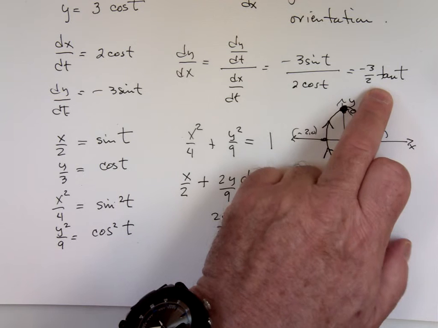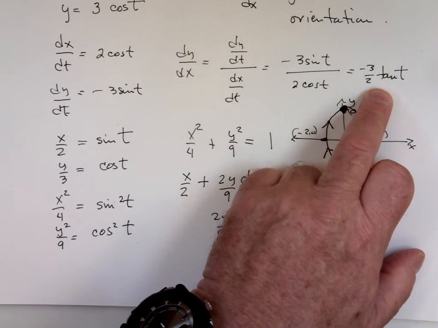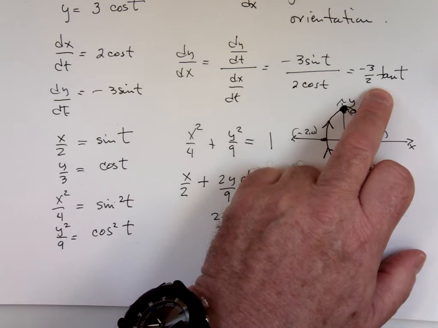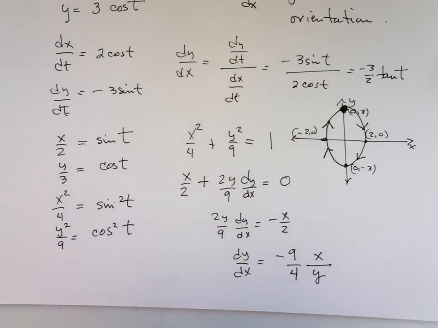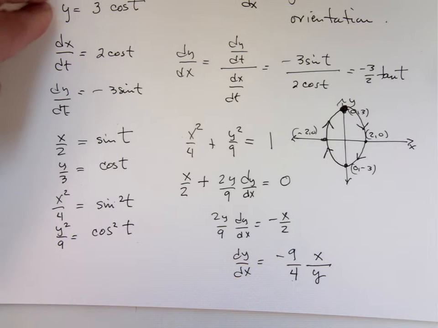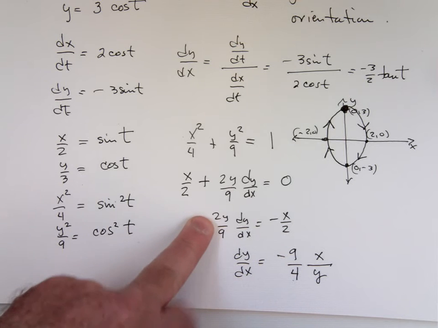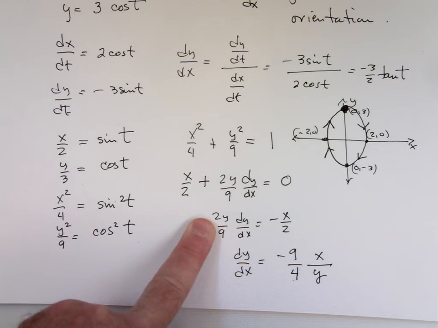I stopped here, we got the derivative in terms of t. And then we said, well, let's find the derivative. We want it in terms of x's and y's and not t's. So what he suggested is, well, let's eliminate the parameter. Let's go back here and eliminate the parameter, which we did, and then we could find the derivative dy/dx in terms of x's and y's and not t by eliminating the parameter, okay?